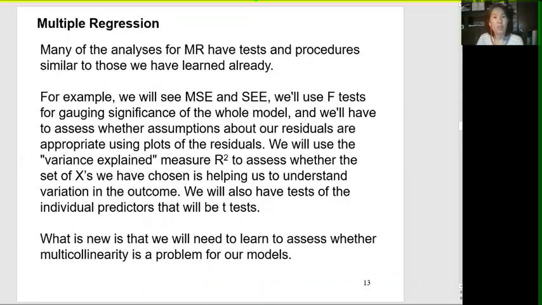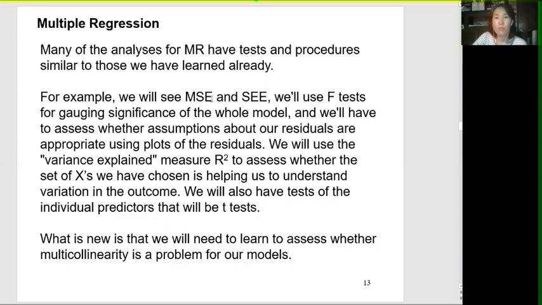Many of the analyses for multiple regression have tests and procedures similar to those we have learned already. For example, we will see MSE, mean square error, and SEE, standard error of estimate. How can you calculate SEE?